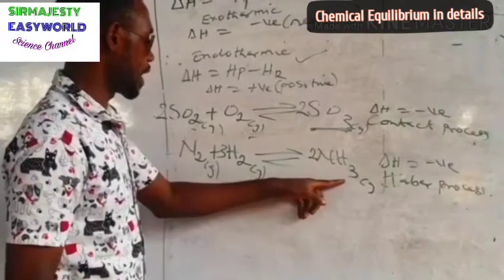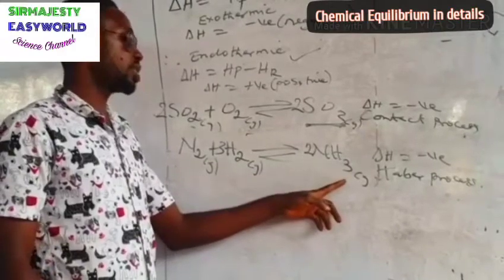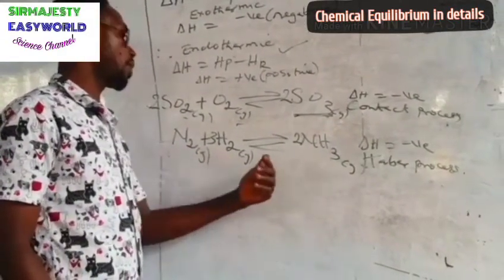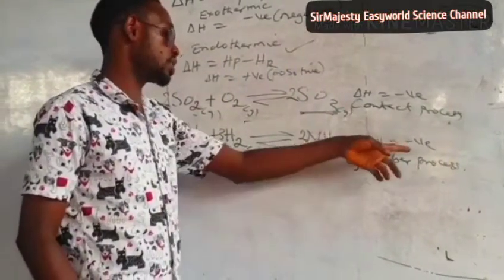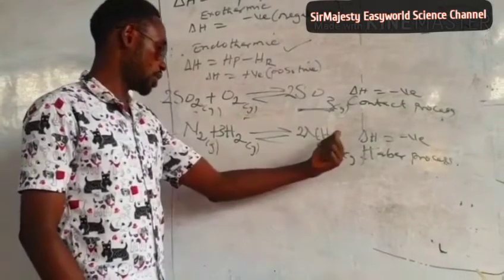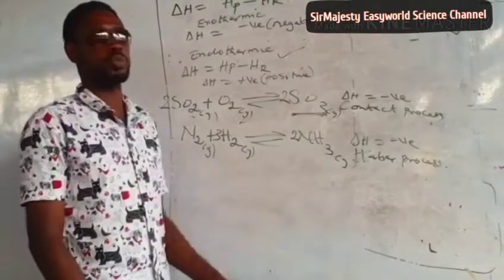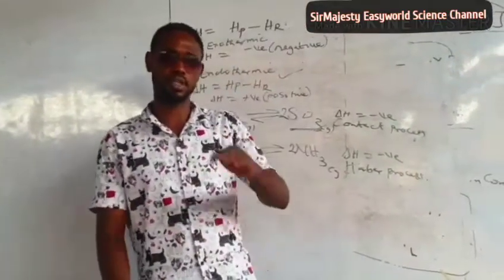For you to get more ammonia, you need to lower the temperature of this system. Do you know why? Because the forward reaction is exothermic. Then for you to get more nitrogen and hydrogen from ammonia, you need to increase the temperature. Why? Because the backward reaction is endothermic. Remember, if forward is exothermic, backward is endothermic. So during the Haber process and contact process, you are advised to keep the temperature moderate at the prescribed level.